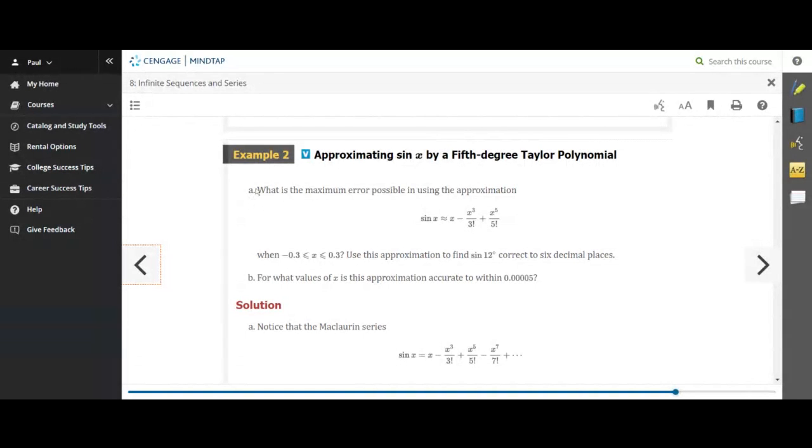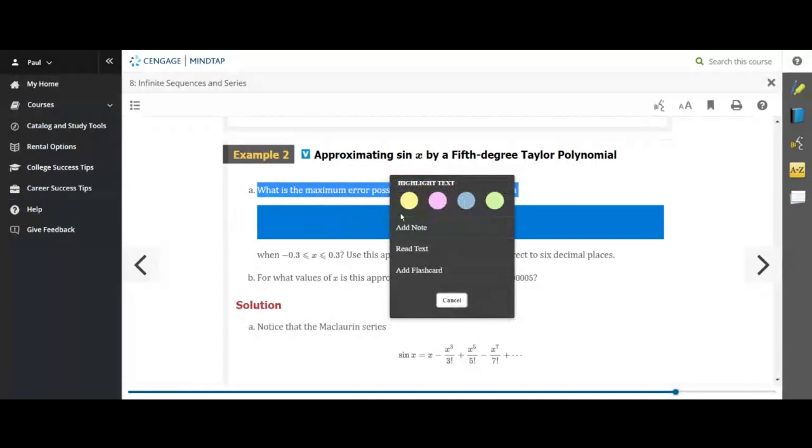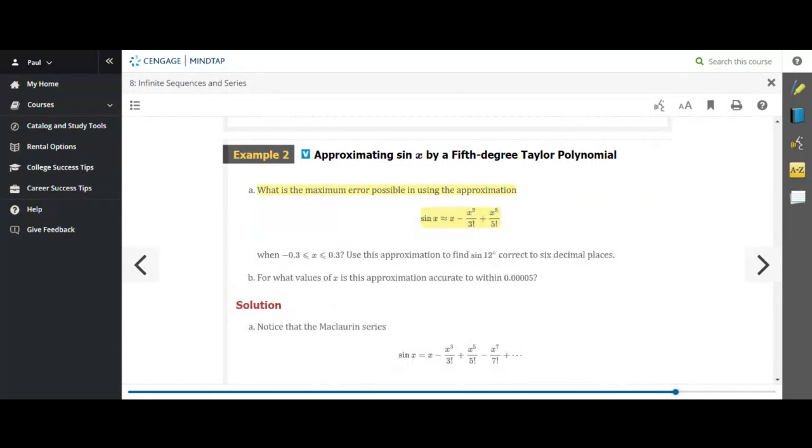So sometimes, like here in example 2, they say, what is the maximum error possible in using this approximation for the sine of x?